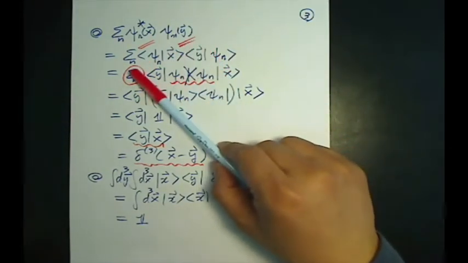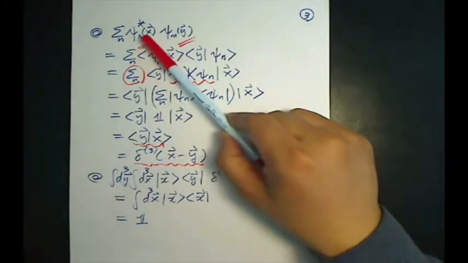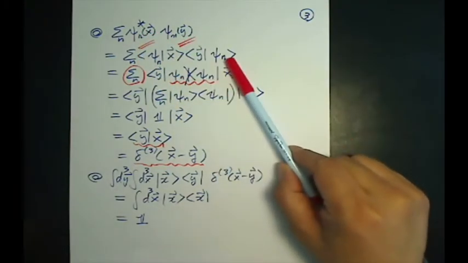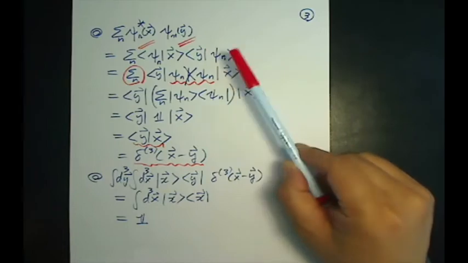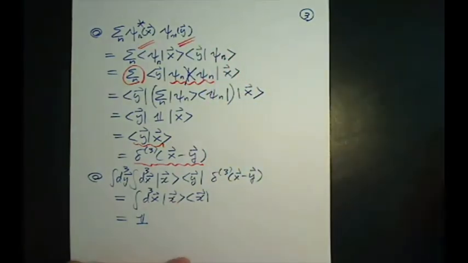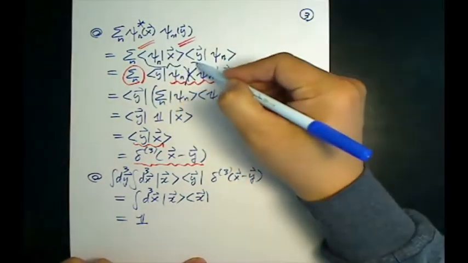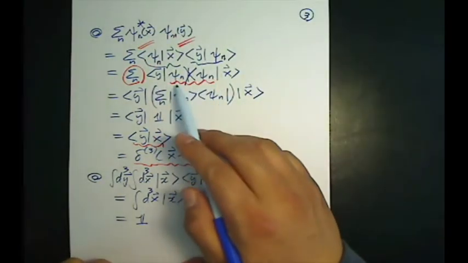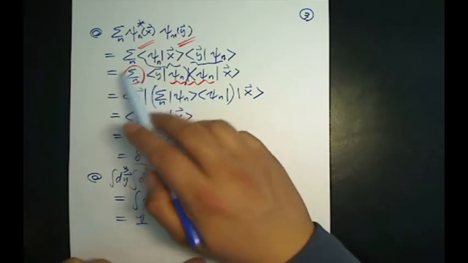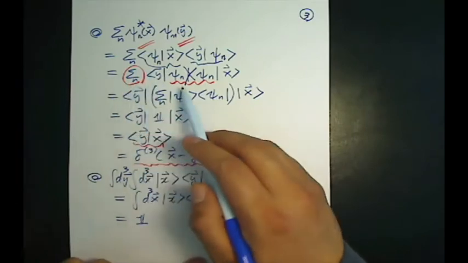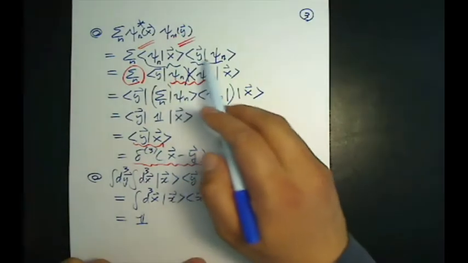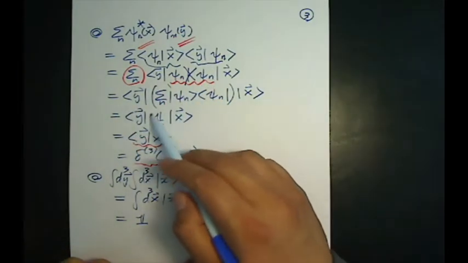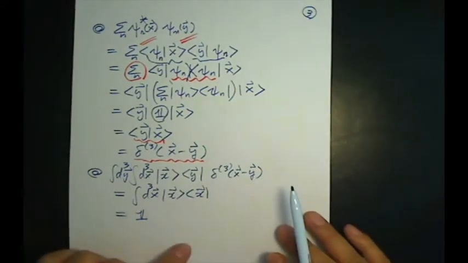Therefore, summed over n, this one is psi_n(x) and this one is psi_n*(y). Because these are numbers, they can commute, so we can replace the order, but there is a summation over n. So we combine these two as a direct product and sum over n. What I find is the identity operator.